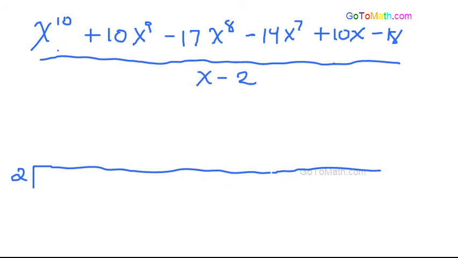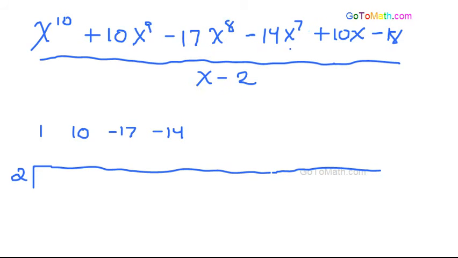Drawing a line. So we've got 1, 10 of them suckers. So we got a 1, a 10, minus 17, better write closer and smaller, minus 14.